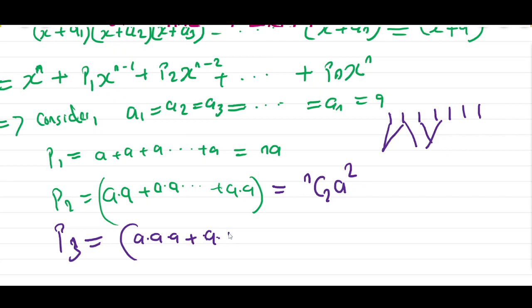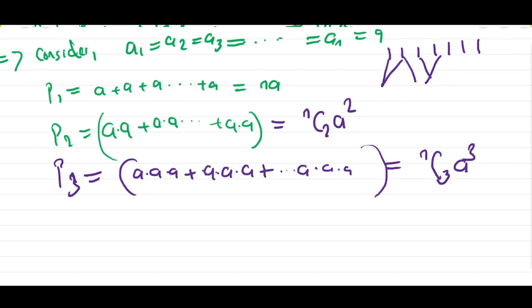So it will be a multiplied by itself 3 times. But how many times does it appear? Well, we have n things and we take 3 at a time, so let's call it n choose 3, and then we'll have a cubed. This n choose 3, we are going to find a formula for as we continue the videos in the channel. For now, that is how p4 will take the pattern.